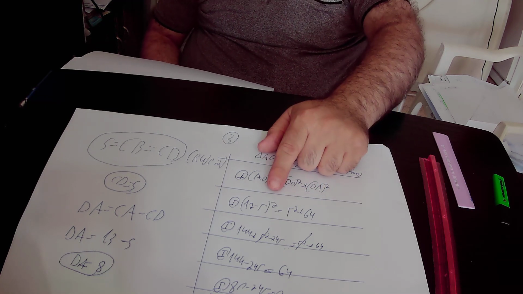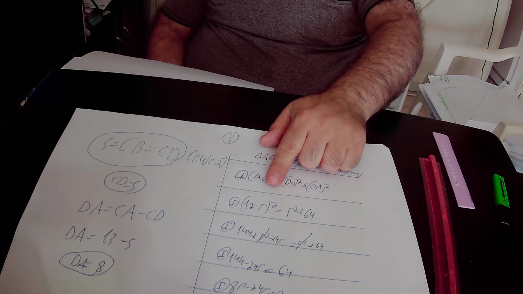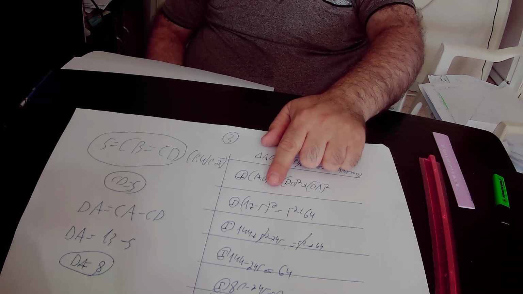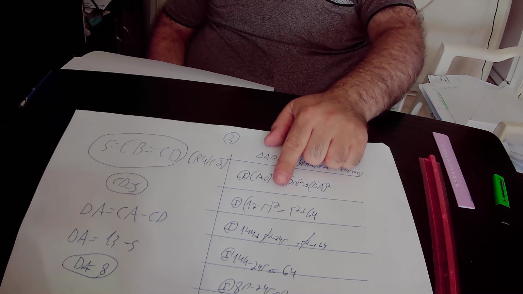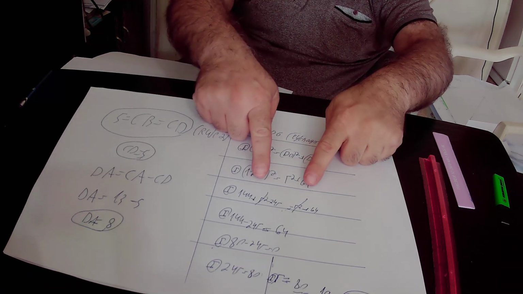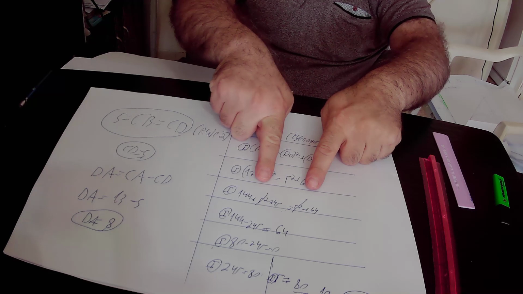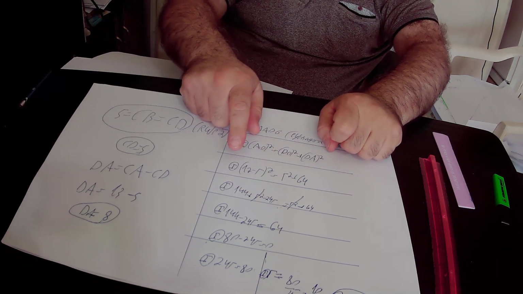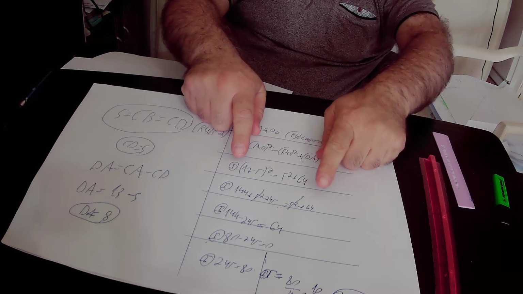We open the brackets on this side of equation number 1, and we got that (12 minus R) square equals 12 square, which is 144, plus R square minus 24R. That equals R square plus 64. We have R square on both sides of equation number 1, so R square is cancelled. And we are left with 144 minus 24R equals 64.